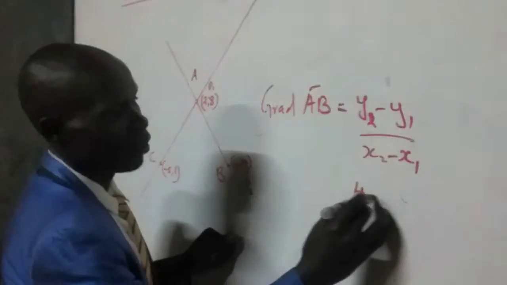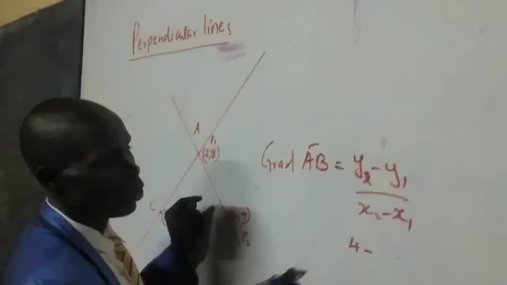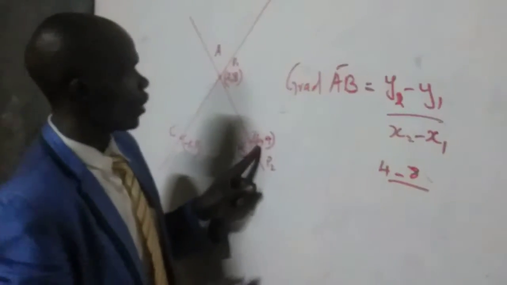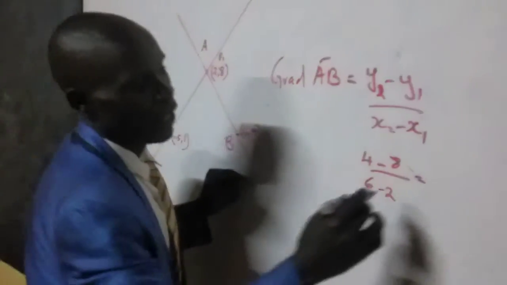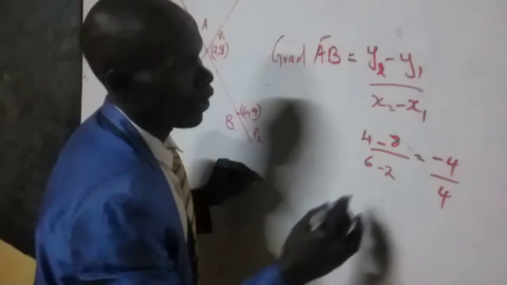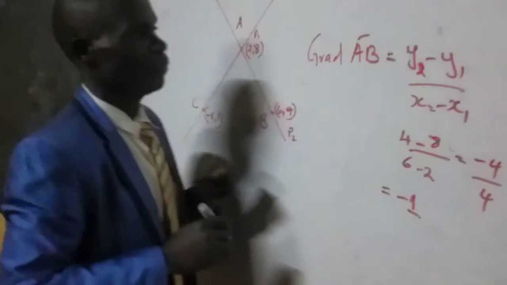Therefore, 4 minus the value of y in point 1, which is 8, over the value of x here, 6 minus 2, and that is negative 4 over 4. And therefore, the gradient will be negative 1.